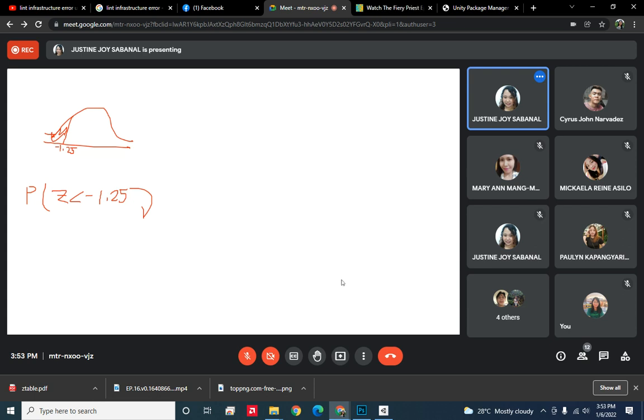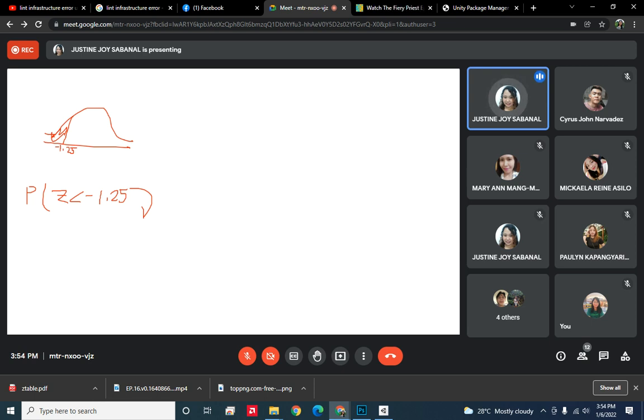Sa paggamit po ng normal distribution, ang una nyo pong titingnan muna ay yung first two digits, yung whole number at saka po yung first decimal value ng atin pong z-score. So, we have here negative 1.2. Ito po muna. Tapos, yung kadugtong yan, yung nasa hundredths digit po, doon nyo po makikita sa first row ng ating z-table.